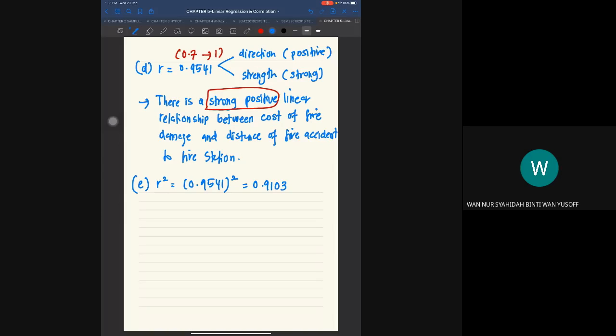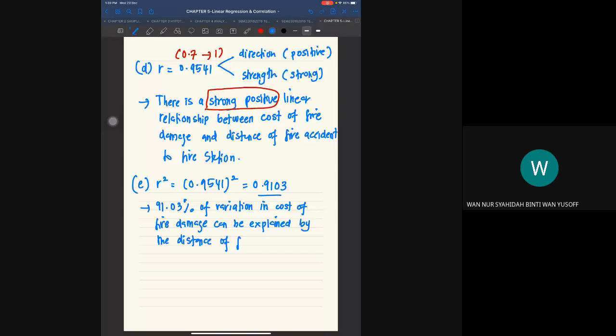Coefficient of determination discusses the variation in Y that can be explained by X. So when we interpret it, we convert this into a percentage, because it is about the percentage of variation in Y that can be explained by X. So 91.03% of variation in Y, where Y is the cost of fire damage, can be explained by the distance of the fire accident to the fire station.